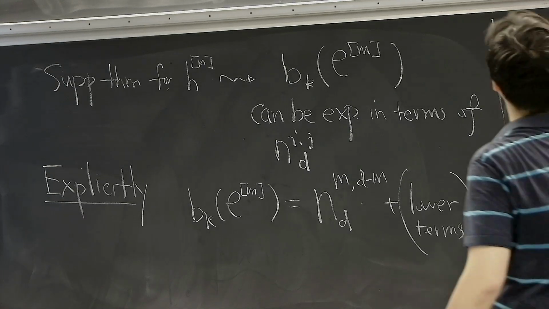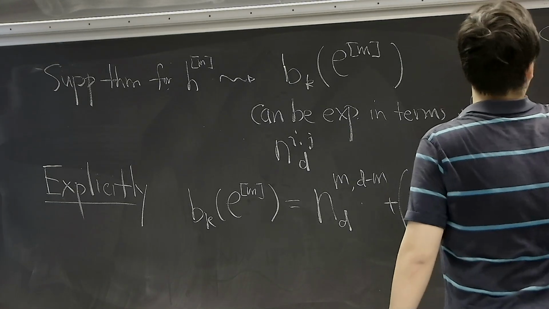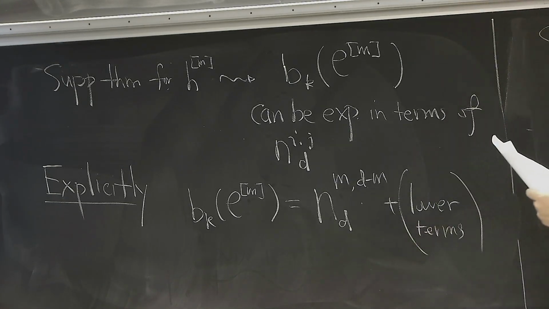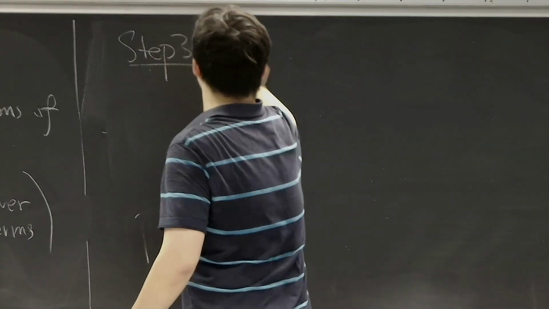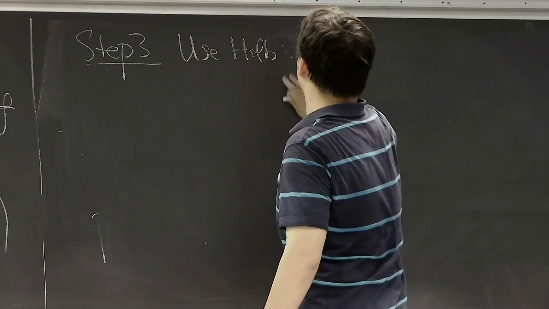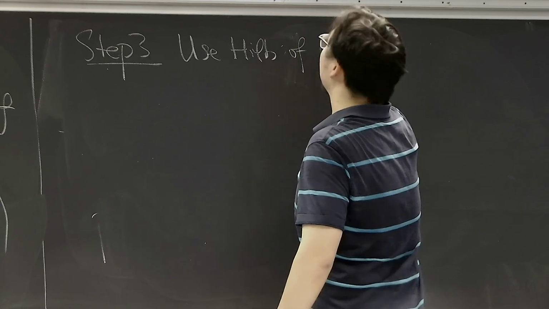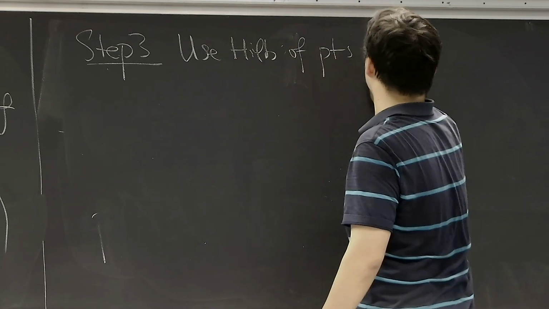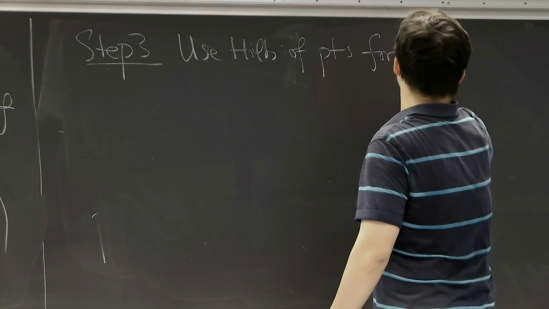Okay, then step 3 is finishing. Step 3 is to finally use the Hilbert scheme of points, now not for the curves, but for P^2.